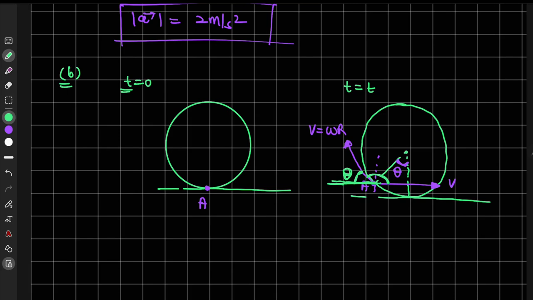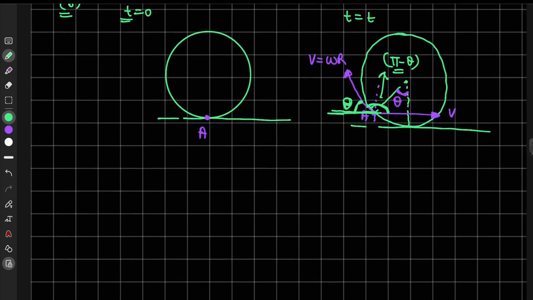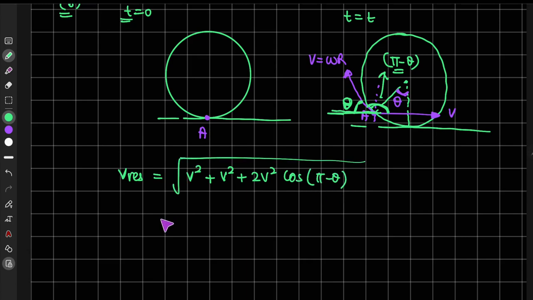So the angle between these two velocities will be pi minus theta. So the resultant velocity is equal to the square root of v square plus v square plus 2v square cos of pi minus theta. So from here we will get the square root of 2v square minus 2v square cos theta.